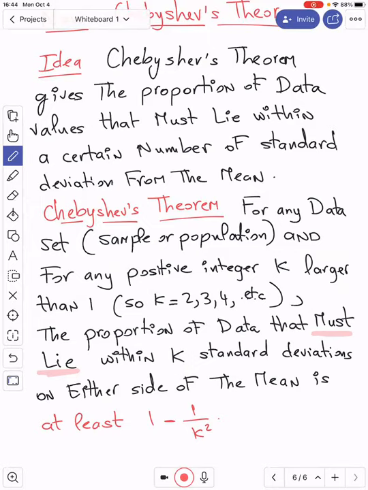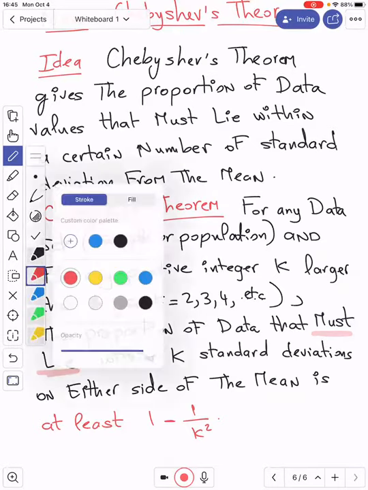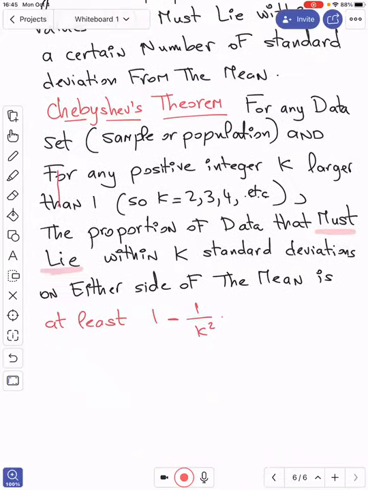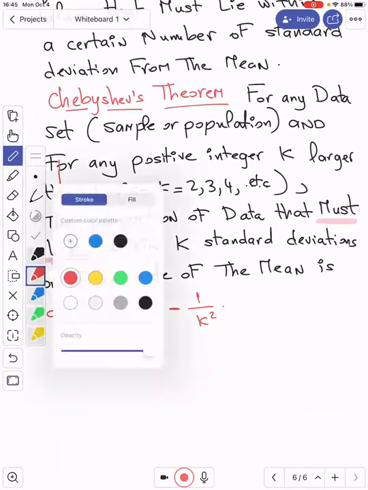Okay, now, what does this theorem mean? Let me explain the consequence of the theorem. What's really important for us is just the consequence of this theorem.